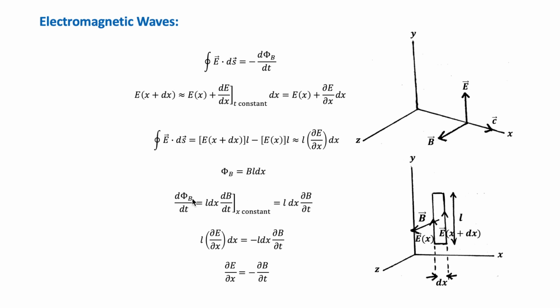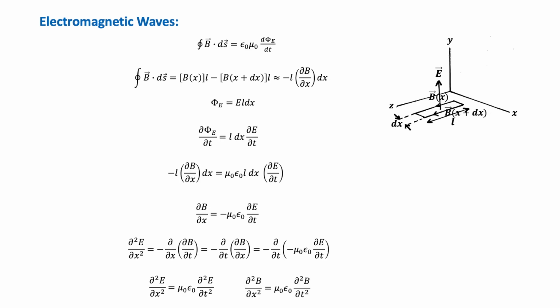If we substitute, we get dΦ_B over dt equal to this, and this is the partial derivative of B with respect to t. Then we substitute this in this equation, and we get partial E by partial x equal to minus partial B by partial t.